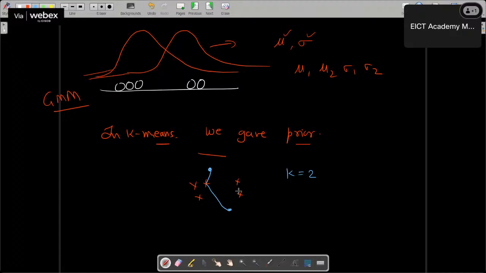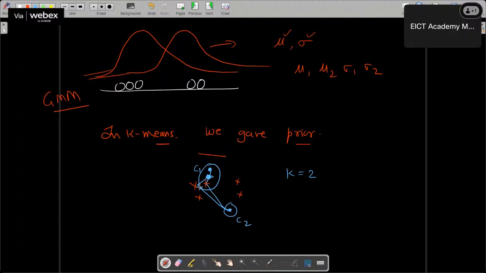Now is that clear? So this distance is less, so now this is one cluster. The centroid of this one is C2 and the centroid of that one is C1. Now again, calculate the distance from this data point to this centroid and to the other.